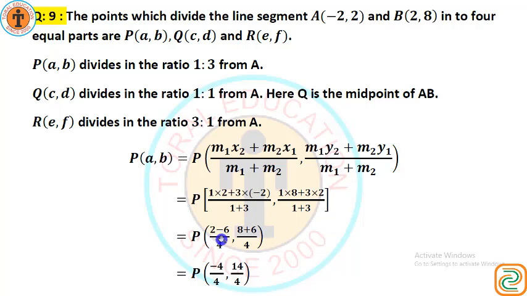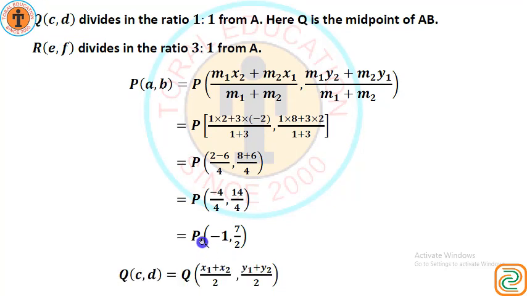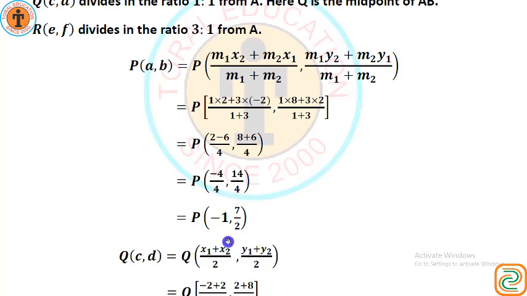So 2 minus 6 upon 4. Similarly 1 into 8 plus 3 into 2 upon 1 plus 3, that is 8 plus 6 upon 4. 2 minus 6, that is minus 4, and 8 plus 6, that is 14. So we have got P minus 1 and 7 by 2. 14, that means 7 2s are 14 and 2 2s are 4. And here 4 1s are 4, minus 1.